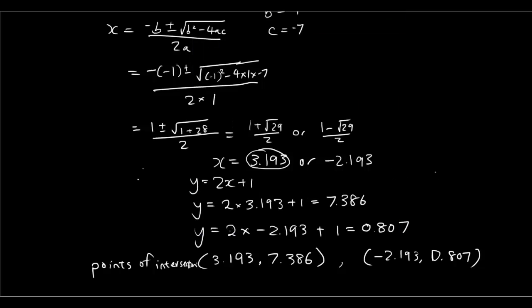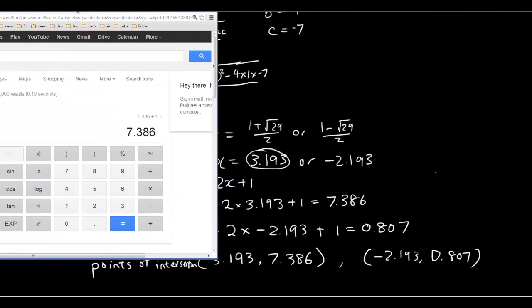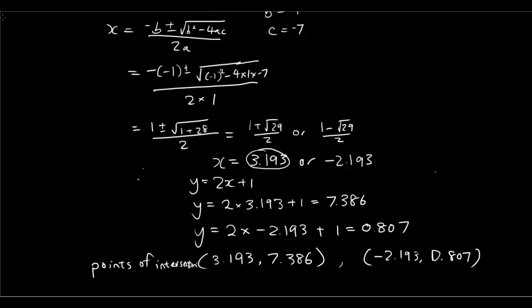Well, let's have a look here. 2 times negative 2.193, if you type that in the calculator, 2 times negative 2.193 plus 1 is negative 3.386. So I'm not sure where I got this from.